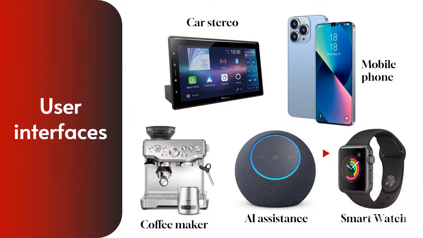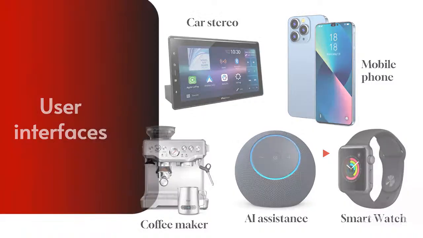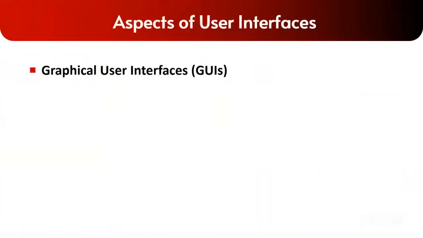If we go to the definition of user interface, we also go a little bit deeper, where we really want to understand the different aspects of user interfaces. First one is the graphical user interface. This is any kind of UI. Now, whenever I say UI, it simply means user interface.